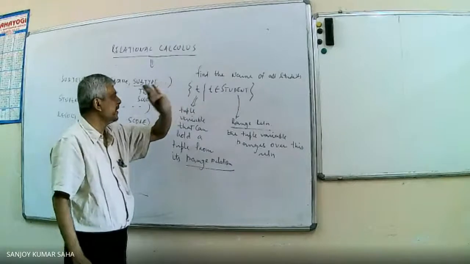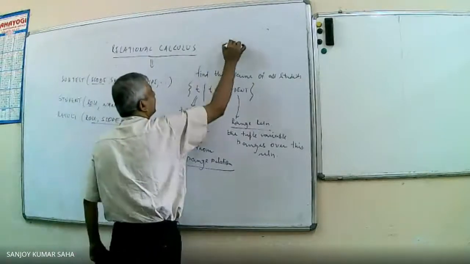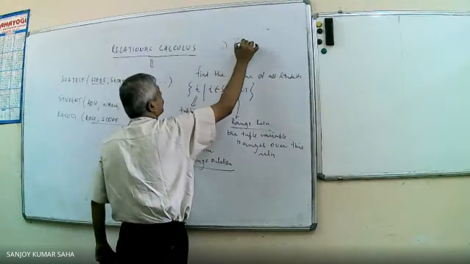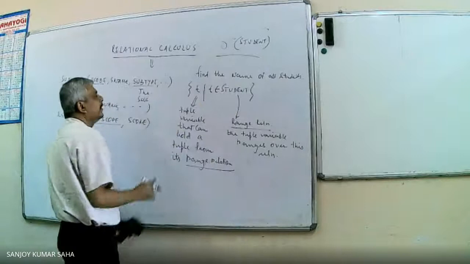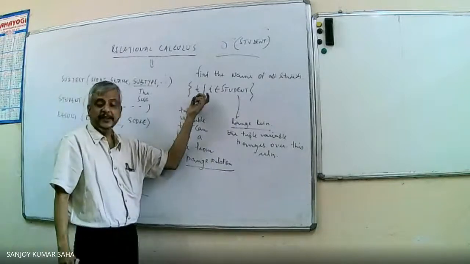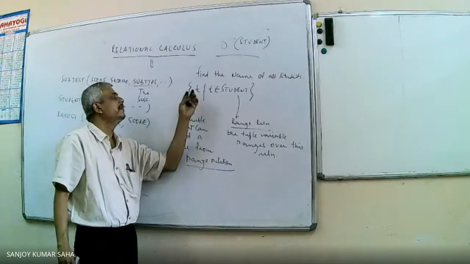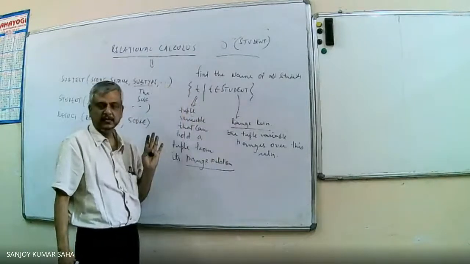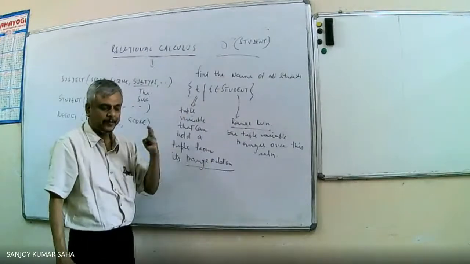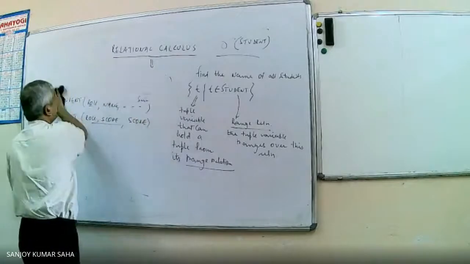We are yet to get the name. This is just like a selection of our student. It is not talking about any operation. It says that I need the set of tuple variables T such that T belongs to student. That's all. Whether it will be a select operation or something else is not mentioned.